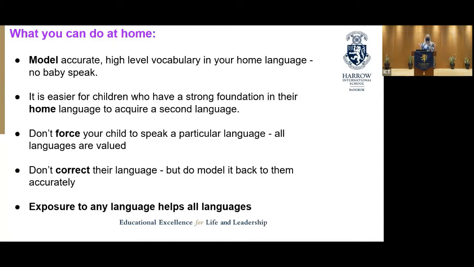Peppa Pig is great for many reasons. Children absolutely love Peppa Pig, but if you listen to it, it is absolutely terrible modeling of English. So just something to be aware of. I'm not saying don't watch Peppa Pig, but for me, it's not a good model of English. Whatever you're exposing your child to will be what they are ultimately absorbing.